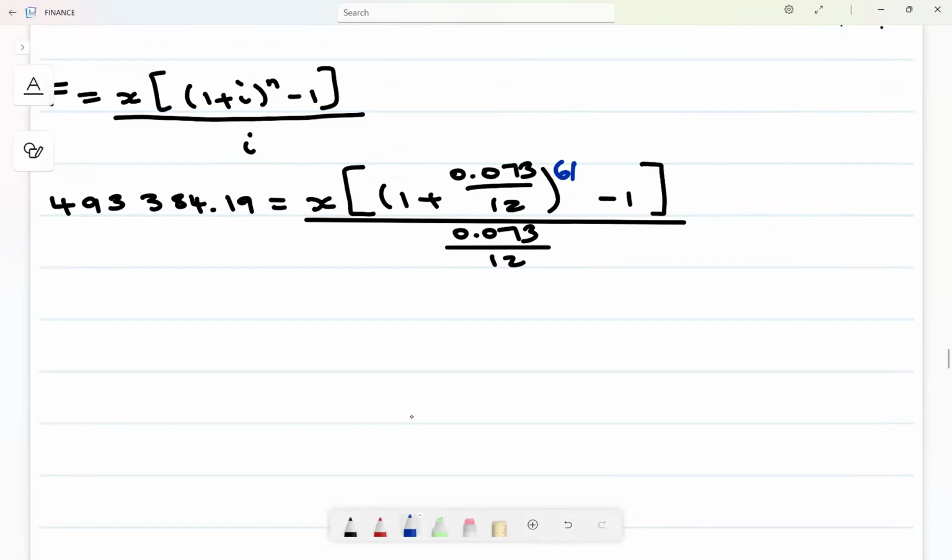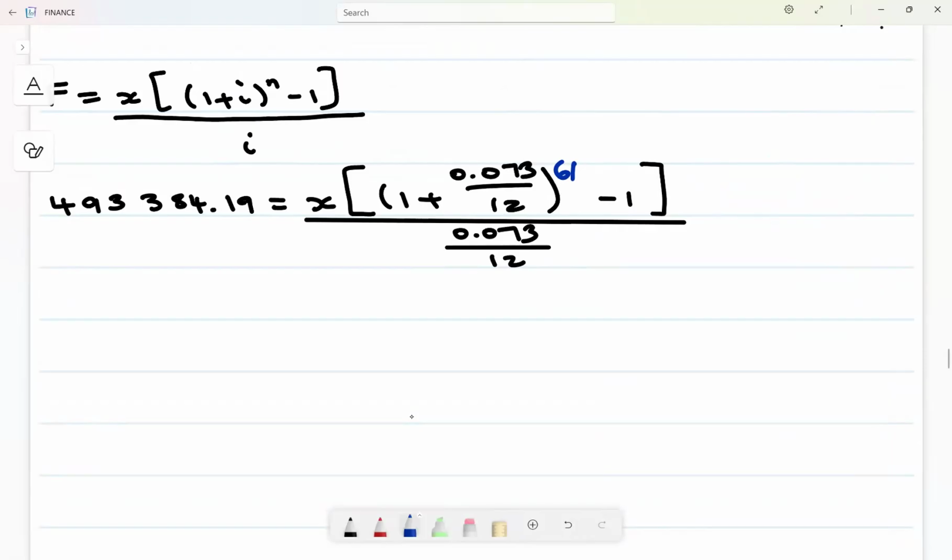And then when we punch this on our calculator, let me quickly do that. 1 plus 0.073 divided by 12, to the power of 61, minus 1, divided by 0.073 divided by 12.